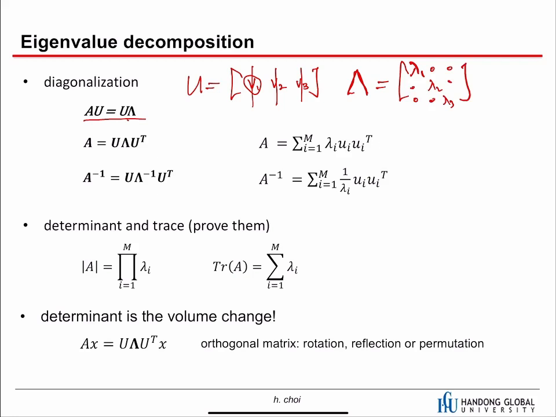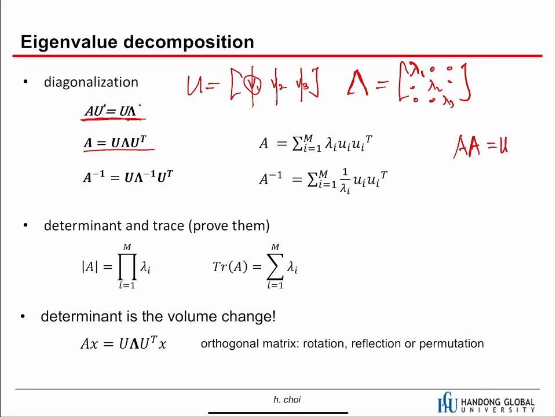So when we have three eigenvectors and eigenvalues, we can represent all of them in a single equation. These eigenvectors are orthogonal, and if we multiply U transpose on both sides, we can get this. This is really interesting. When multiplying A by itself, we don't have to multiply A twice.